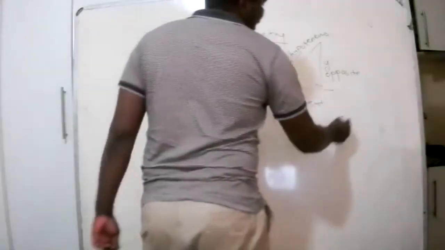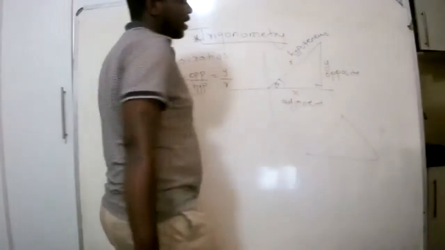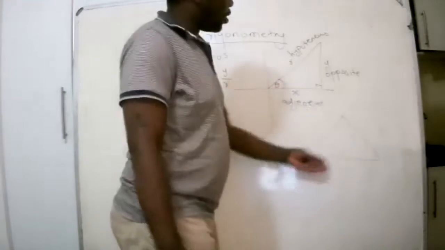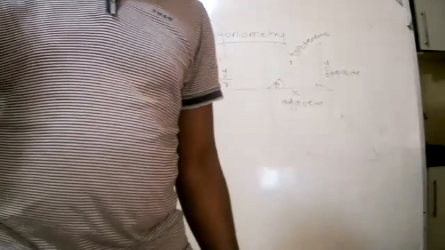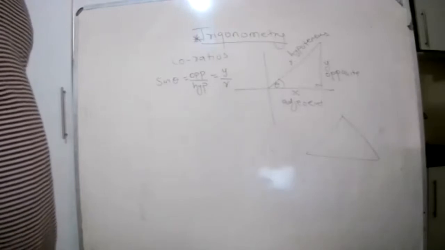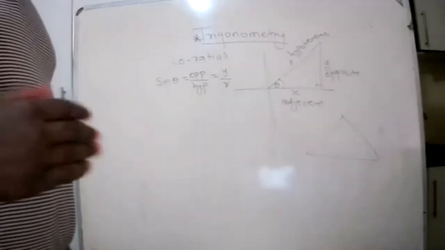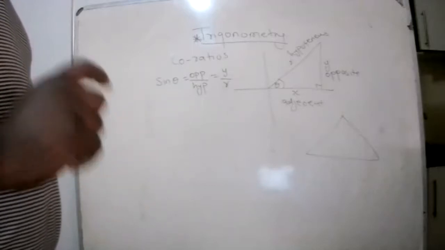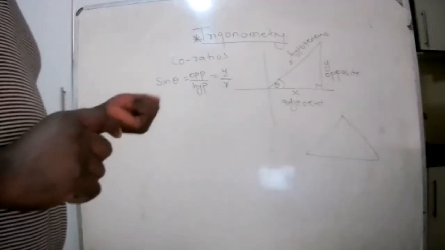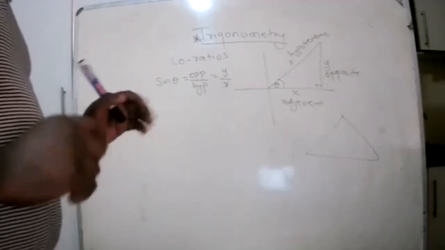Otherwise, if you have a triangle which is not a right angle triangle, like this one, where we don't have 90 degrees somewhere, we don't use the trig ratios. What do we use? It's not at your level to know what we must use to deal with a triangle which is not right angled.